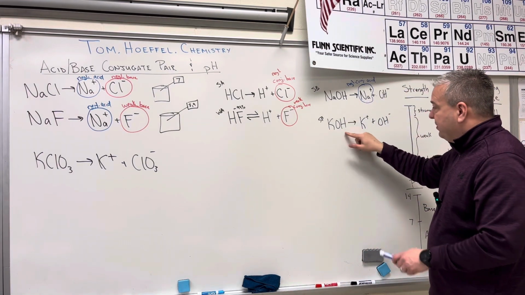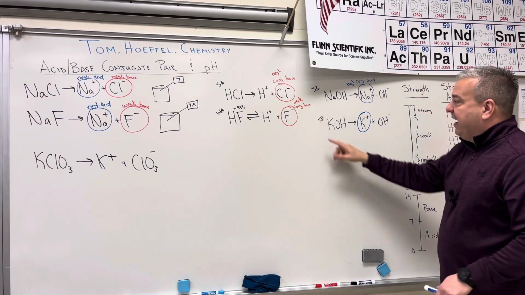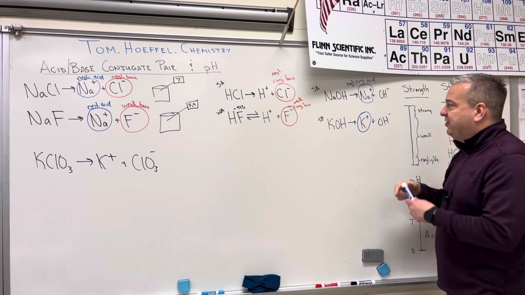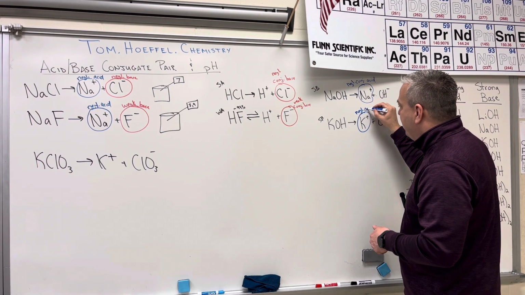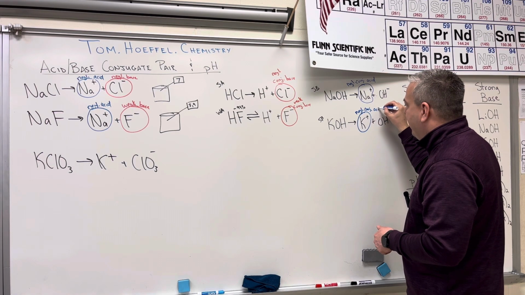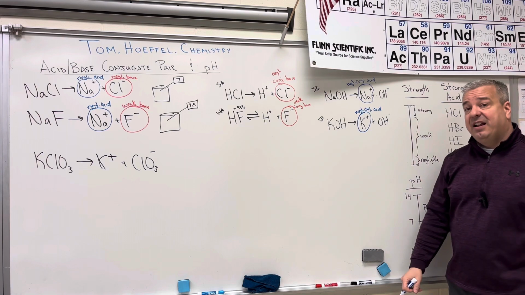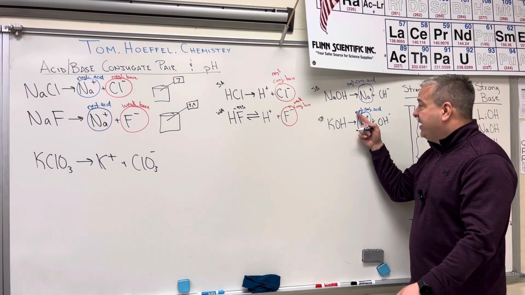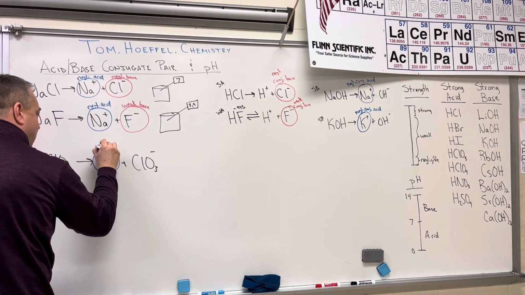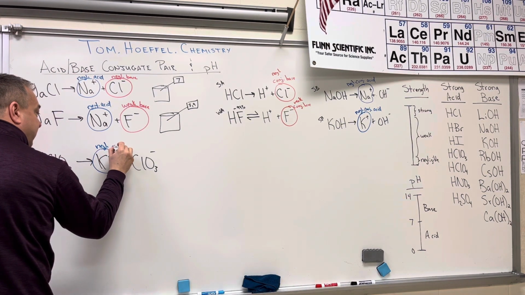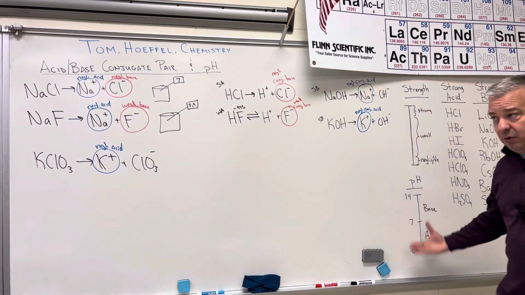If this is the strong base, right here is the conjugate acid, and if this is strong, then the conjugate is going to be negligible. So that's a negligible conjugate acid, just like the sodium was a negligible conjugate acid. If it's a negligible acid, this thing has no effect on pH, so it's not going to lower it down closer to 0.